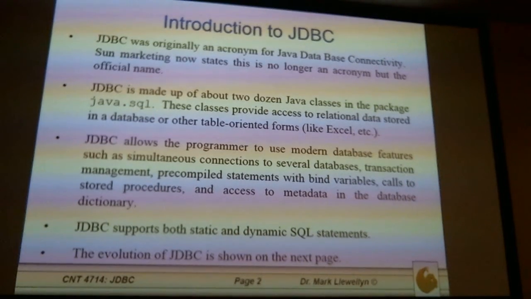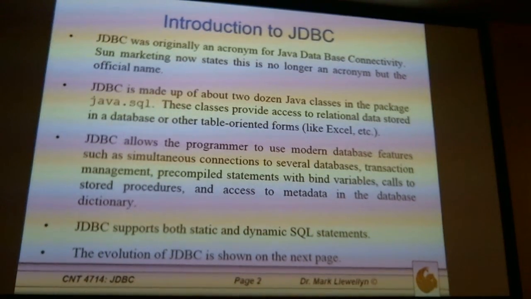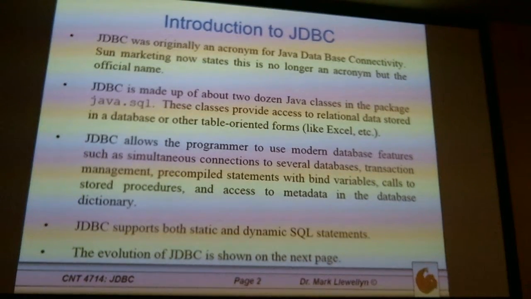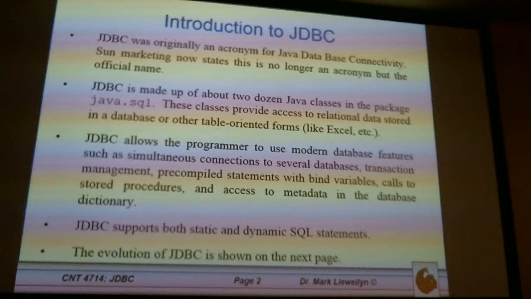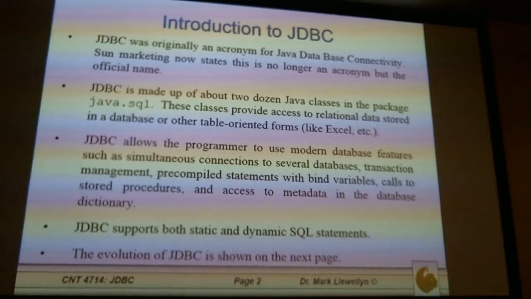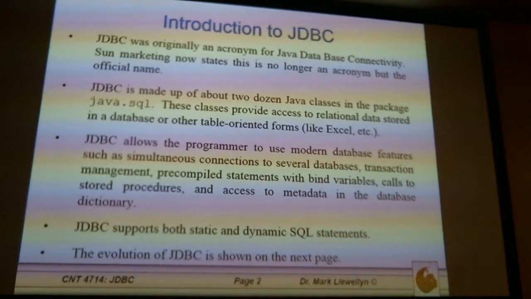Actually, it's about a couple dozen packages that provide all of the access to relational databases. We're dealing, of course, with relational databases in the form of SQL databases. There are other variants of databases, but for the most part, the commercial world is all relationally oriented.